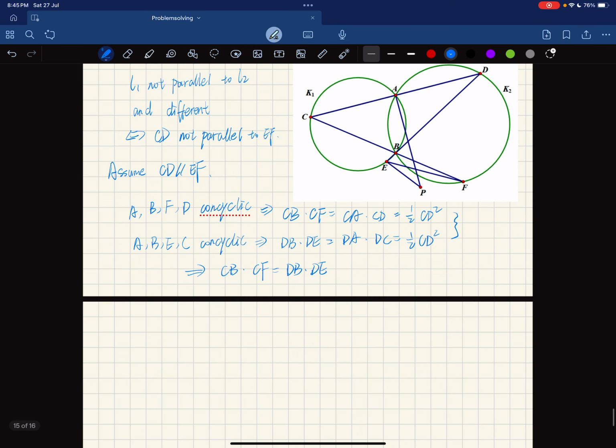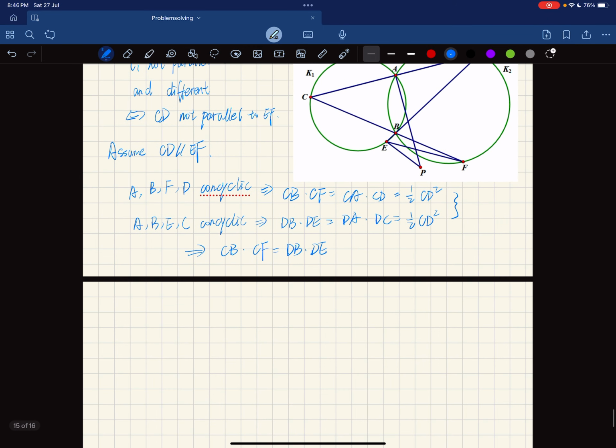Next, since CD is parallel to EF, what can we have? Of course, the triangle CBD is similar to the triangle FBE.